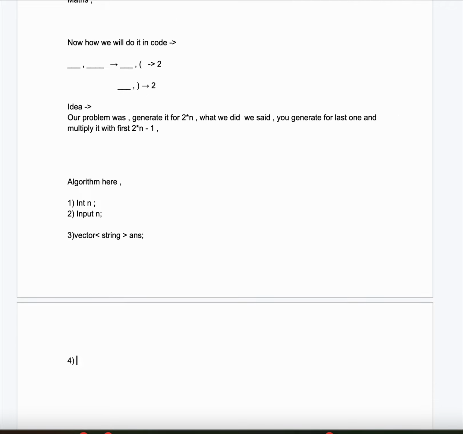Now we have n, we have answer. Now we need to write a function. Let's say we have generate parenthesis.